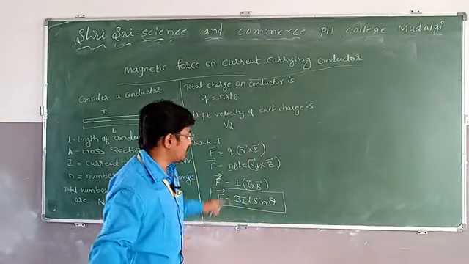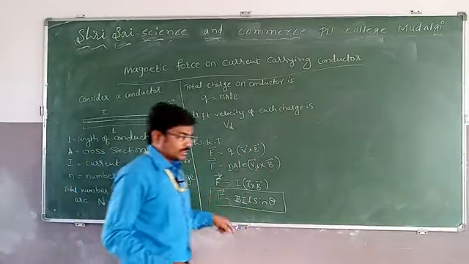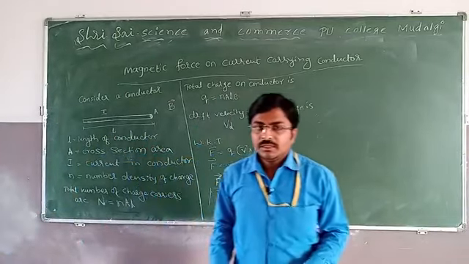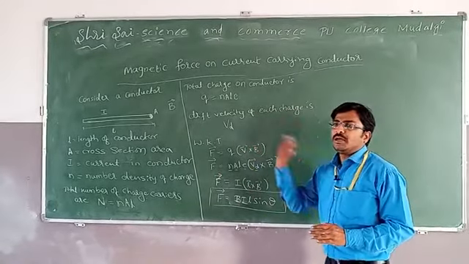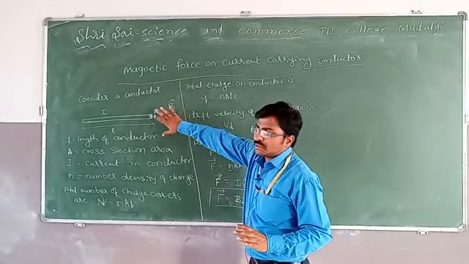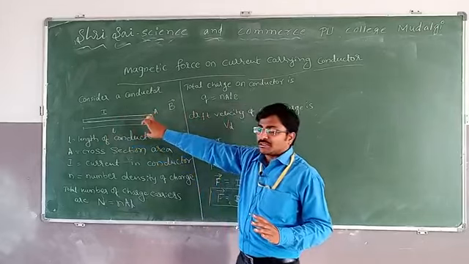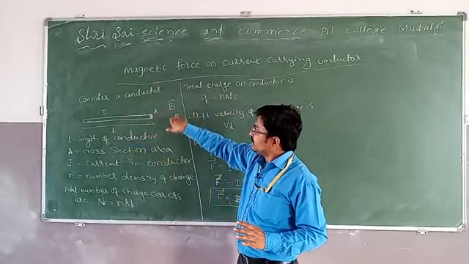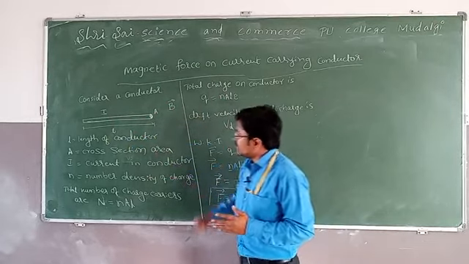But the actual derivation is this much only. This is the force acting on a conductor when I kept it into the magnetic field B. What I consider: I consider one conductor, its length is L, it carries the current I. I kept this conductor in a magnetic field B and its cross section area is A. What is the n?